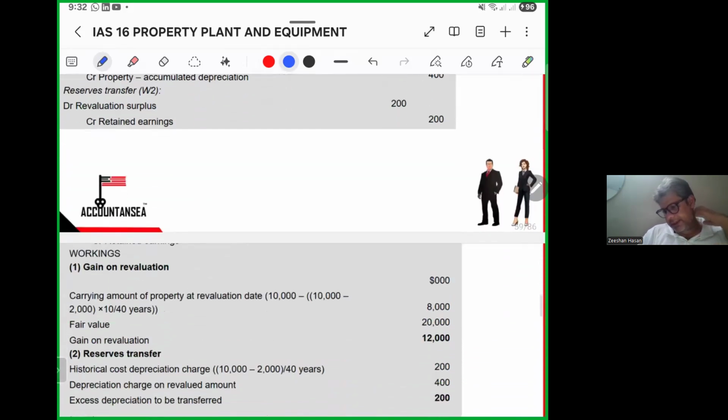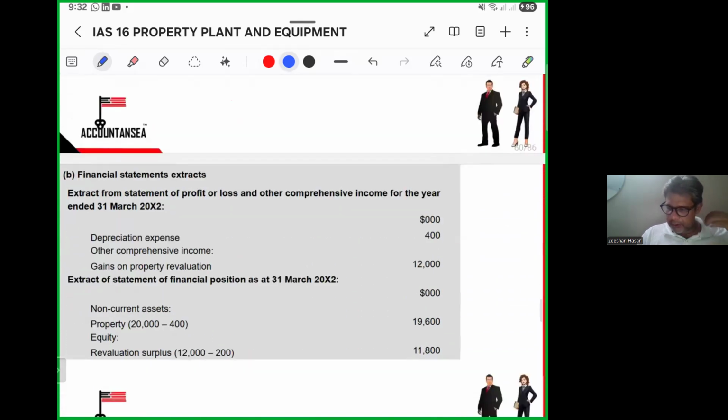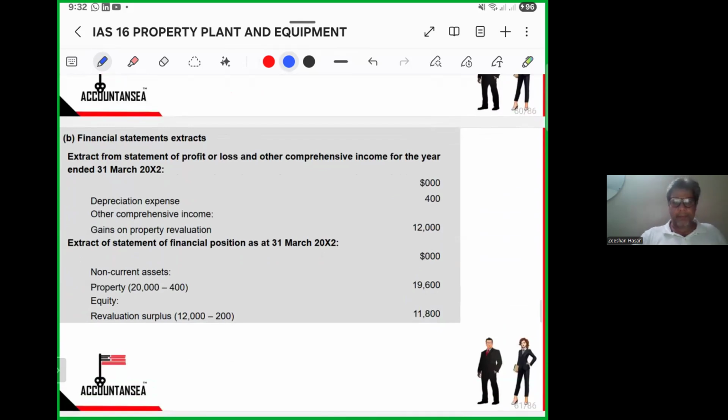Now the extracts, as you can see. From the statement of profit or loss, the depreciation expense is recognized as an expense over here. In other comprehensive income, the gain on property revaluation will come over here. Then we have non-current assets, property 20,000 minus 400, 19,600.